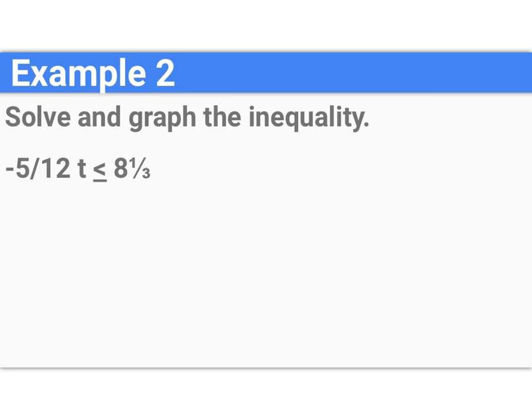Okay, so negative 5 over 12 t is greater than or equal to 8 1/3, 8 times 3, 25 over 3. And you'll see why I'm doing this in a second. Okay, so if you watch some of my fractions videos, we're going to multiply by the negative inverse, times 12 over 5, negative.